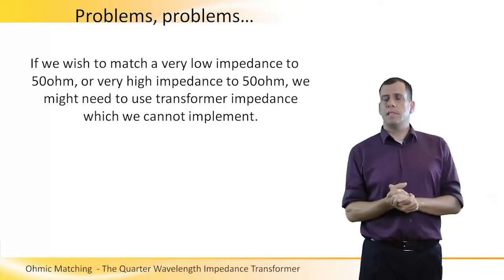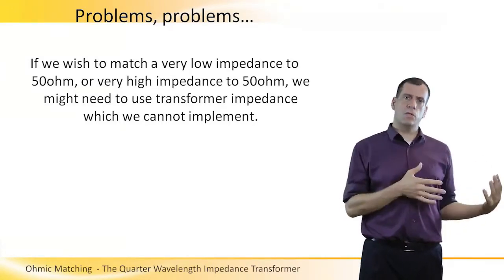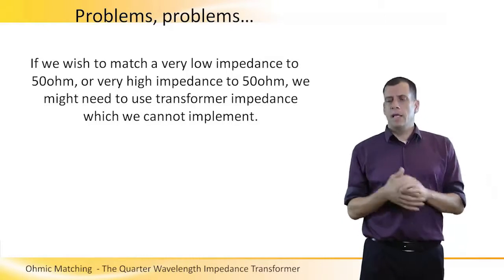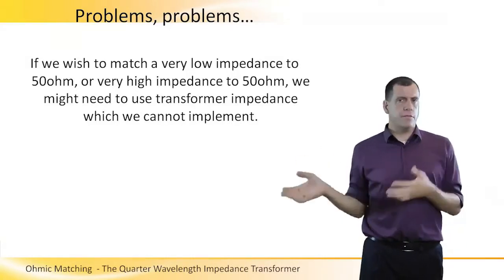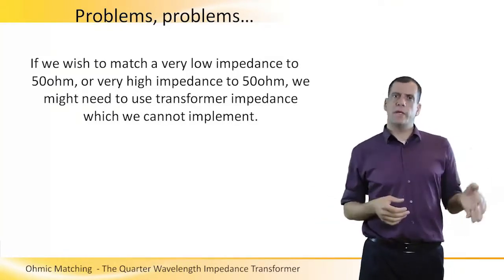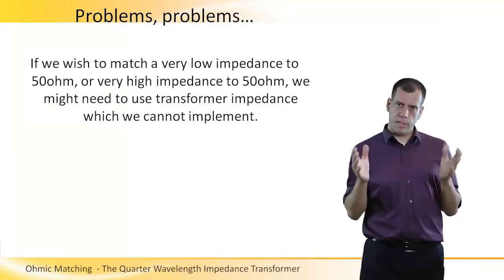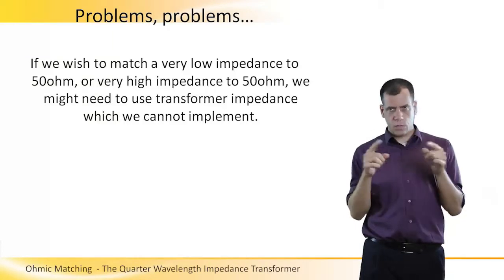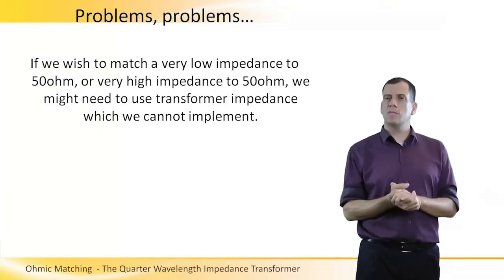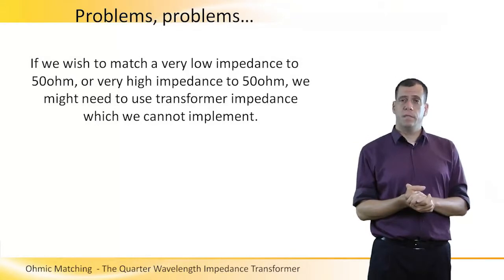See this example. Let's say we have 200 ohm, we want to match it to 50 ohm. Then we take the formula that we've seen before, the square root of 50 times 200, this is 100 ohm. Meaning the quarter wavelength matching impedance has to be 100 ohm.